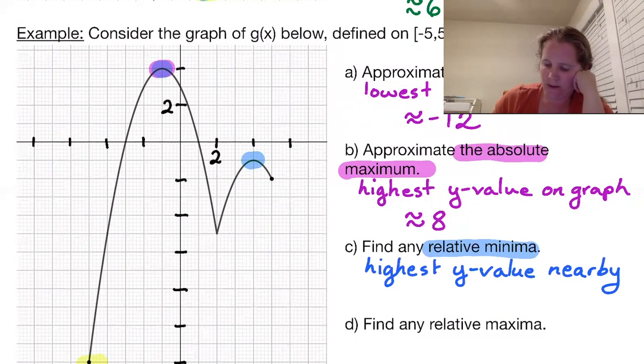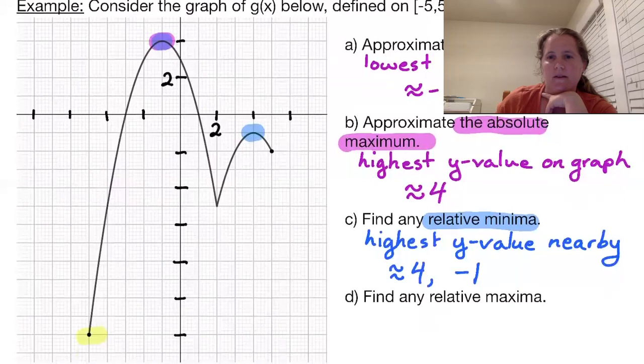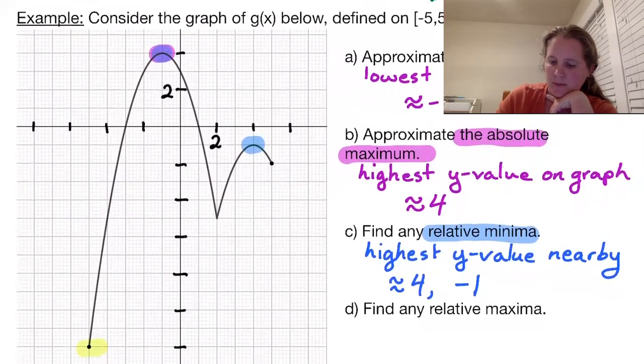So we have relative maxima of approximately 8, and then the next one is approximately, sorry, not 8, 4. Both of these should be 4s, not 8s. So our relative maxima, we have a locally high 4 and a locally high -1. Sorry, I said minima, not maxima. Relative maxima.